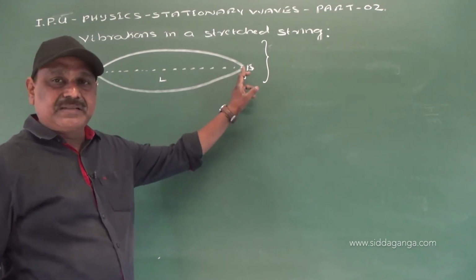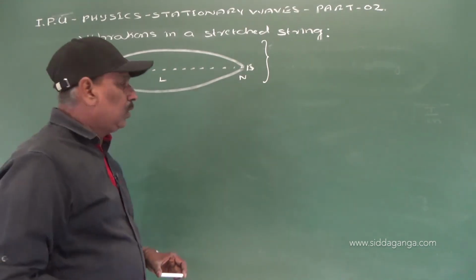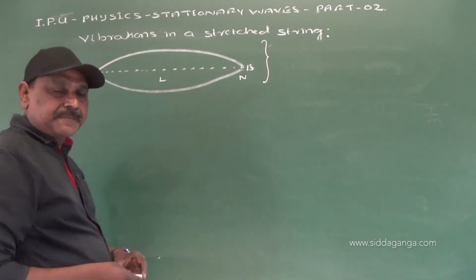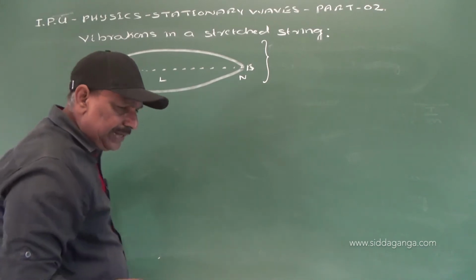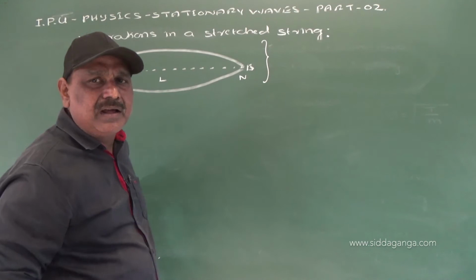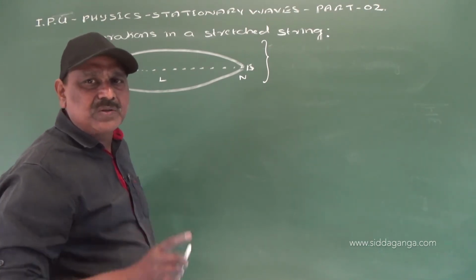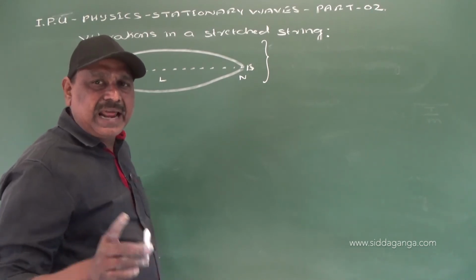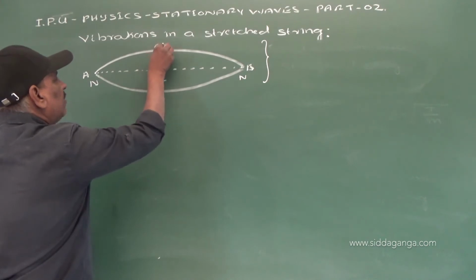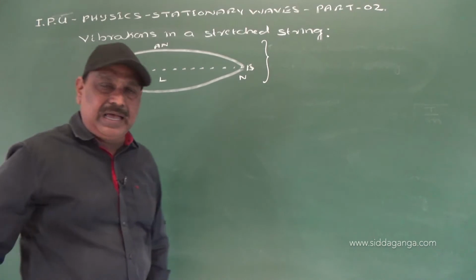Therefore, in a stretched string, two nodes are always formed at the two fixed ends, and we know that in a stationary wave, nodes and antinodes occur alternately. There is a node between two antinodes and an antinode between two nodes, and this is the antinode. Here the particle is vibrating with the maximum amplitude.